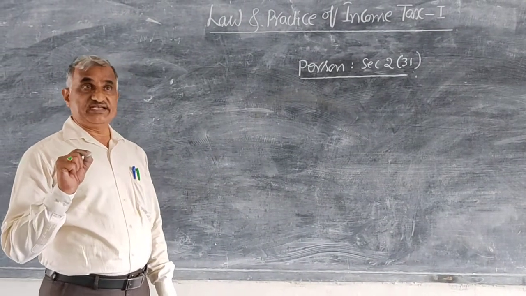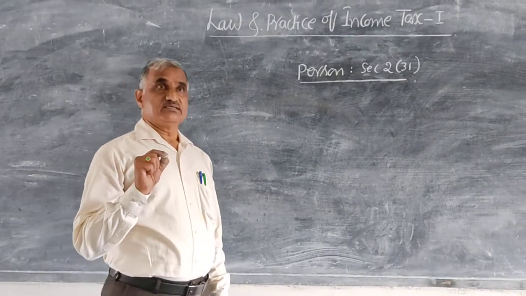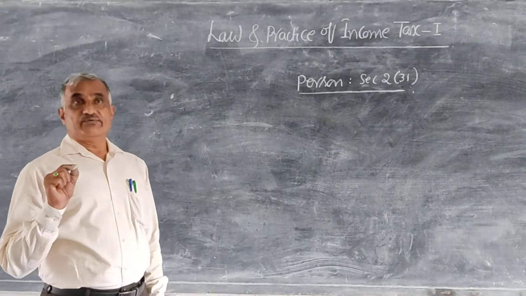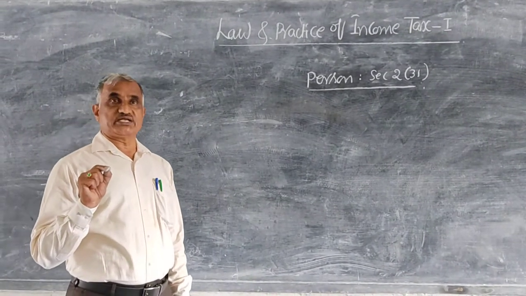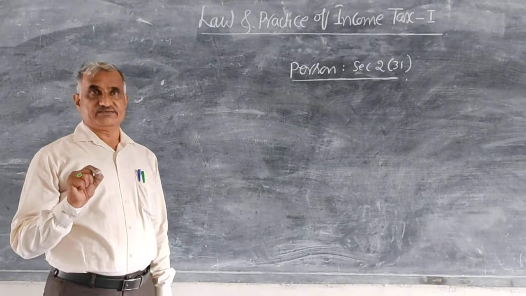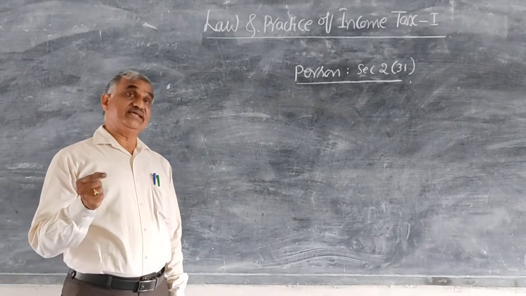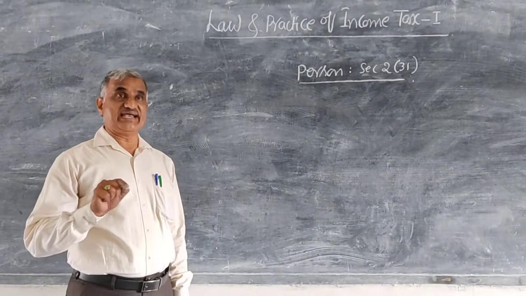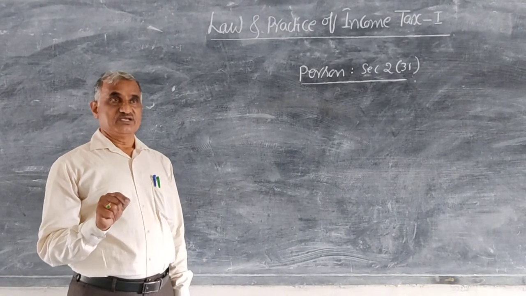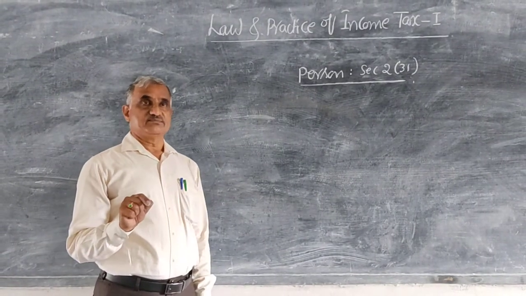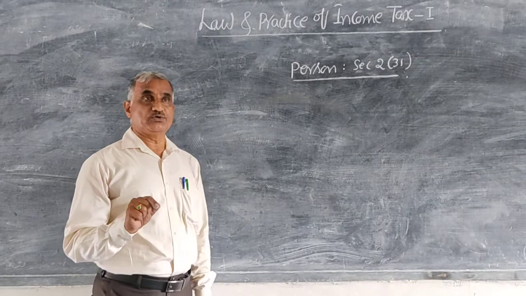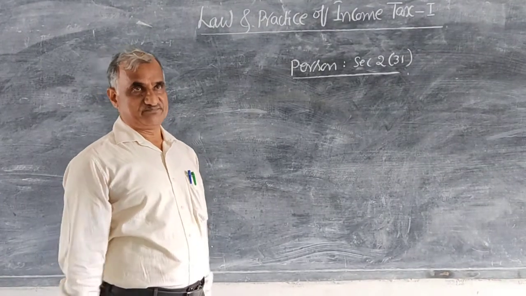The provision is: every person whose total income of the previous year exceeds the basic exemption limit or maximum tax free limit should pay income tax at the rates applicable to the relevant assessment year.